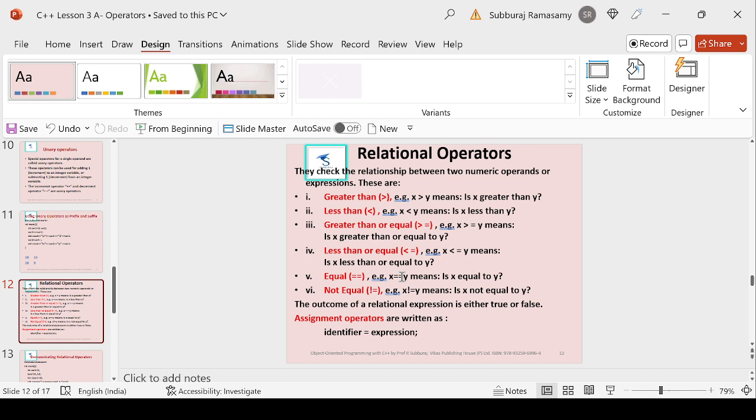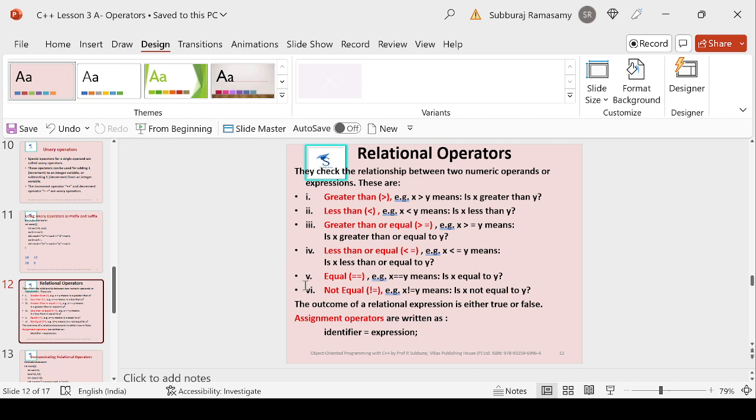If so, true. If not, false. Not equal to is written like this, exclamation mark then equal. If x not equal to y, suppose x is 5, y is 6, x is not equal to y, so the result will be true. And when they are the same, when they are equal, the result will be false.